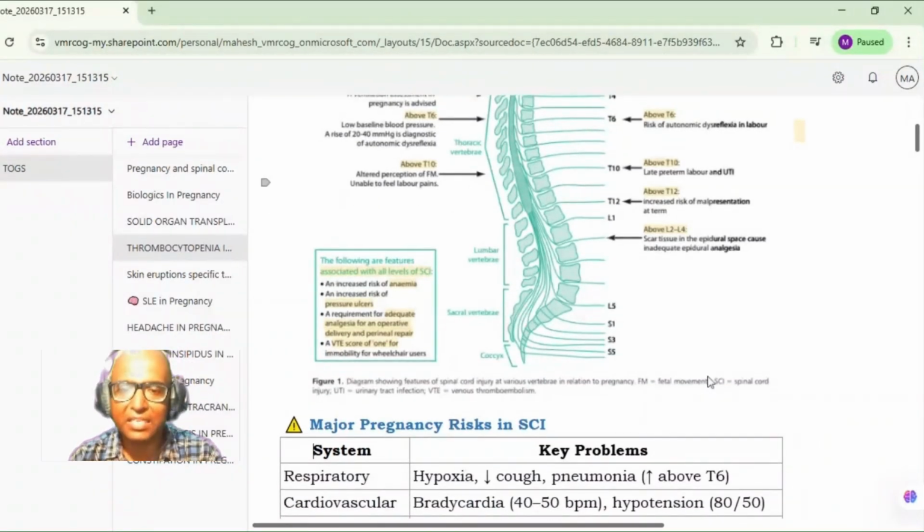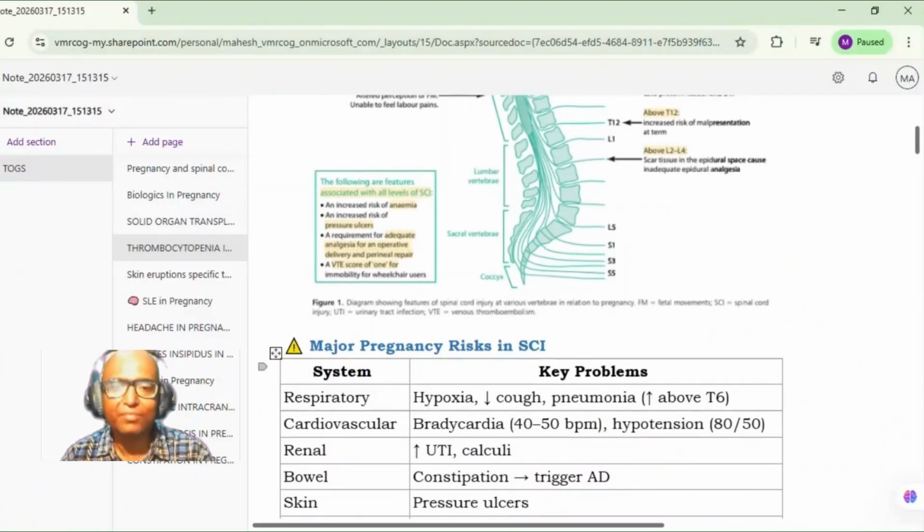Then what are the pregnancy risks in these patients? Respiratory: there is hypoxia, a decreased cough reflex, and chances of pneumonia, seen in lesions above the level of T6. Cardiovascular: there are chances of bradycardia and hypotension associated with autonomic dysreflexia.